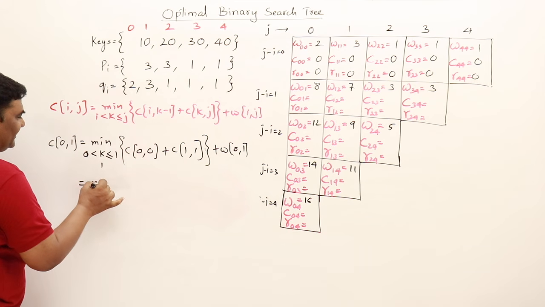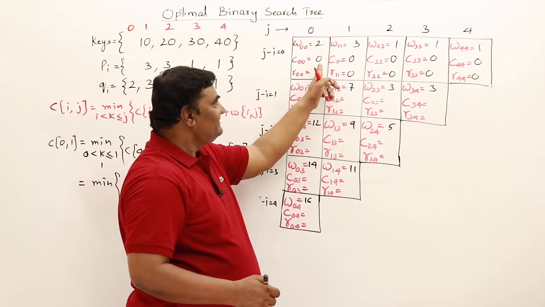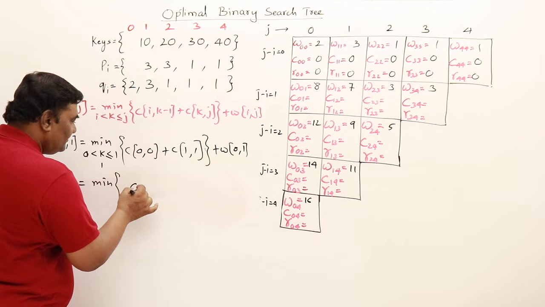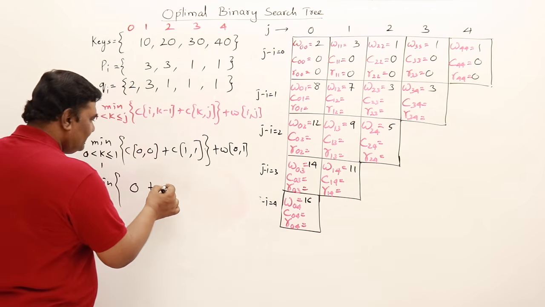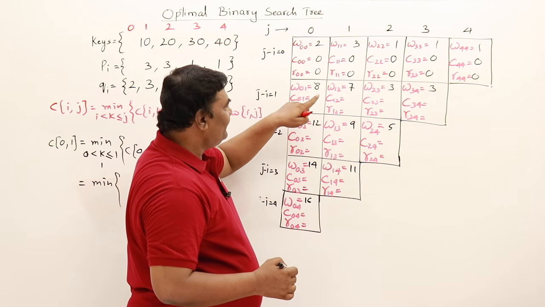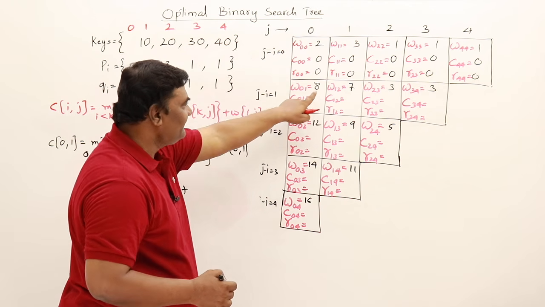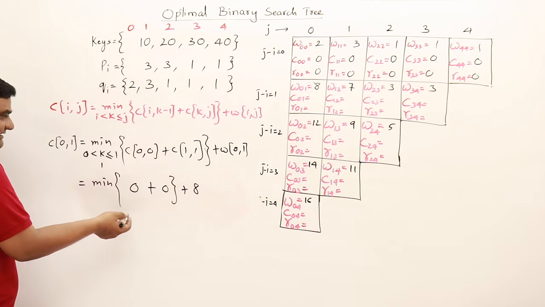So let us find the minimum. Do I have C of 0 comma 0? Yes, it is 0. Then C of 1 comma 1. Yes, I have 0. Plus the weight of 0 comma 1, which is 8. Then what is the minimum of this? 0 only.